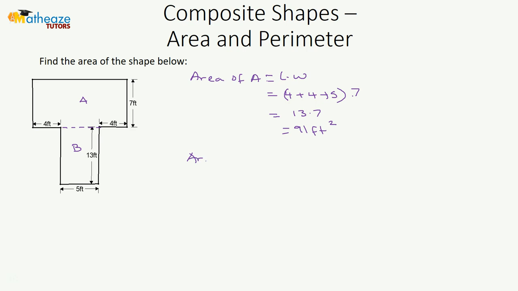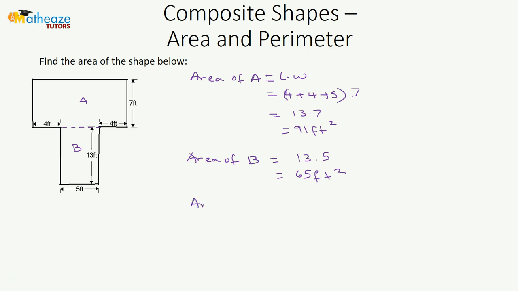And then area of B is length times width, which is 13 multiplied by 5, which is 65 square feet.